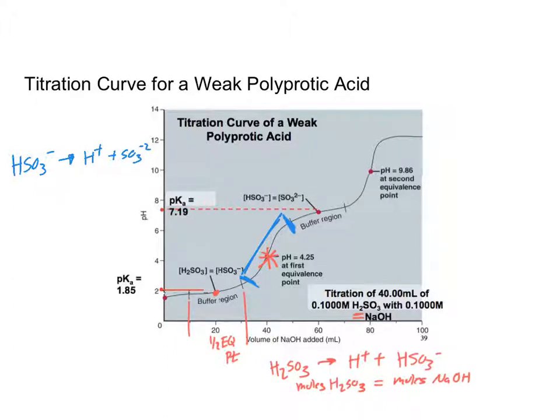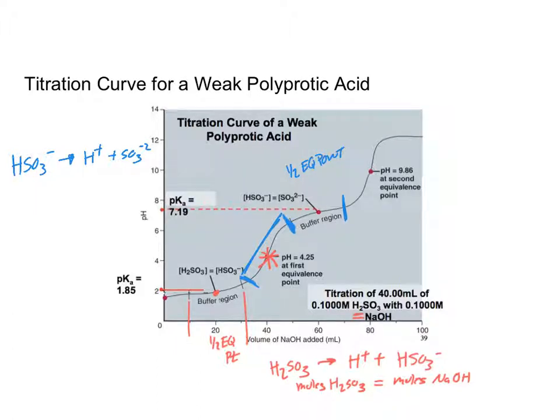We have a new half equivalence point, and the new half equivalence point has a new pKa/pH of 7.19. Still not neutral, just beyond neutral. So at this point, that's our half equivalence point.